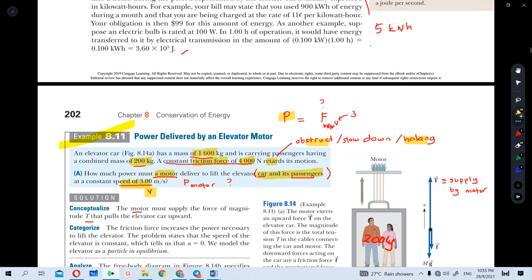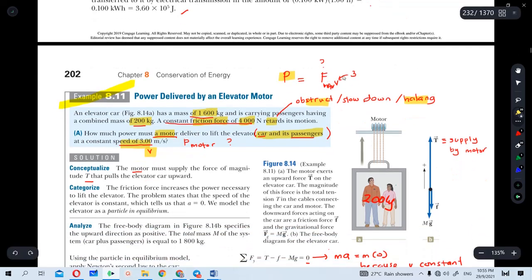Now here, we need to understand the given figure that we have three forces: tension, friction, and weight of everything. You will find that this tension is the one supplied by the motor. So therefore, the force by the motor is actually the tension.